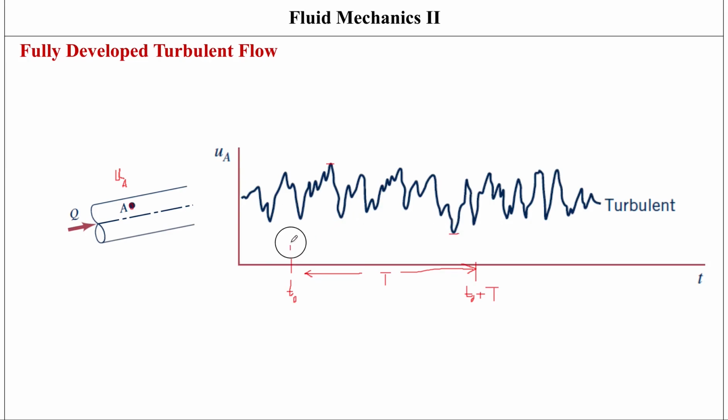Between time t naught and this final time, I would identify the highest velocity and the lowest velocity, and the average of the velocities at all of these points over time will be somewhere between this highest point and this lowest point.